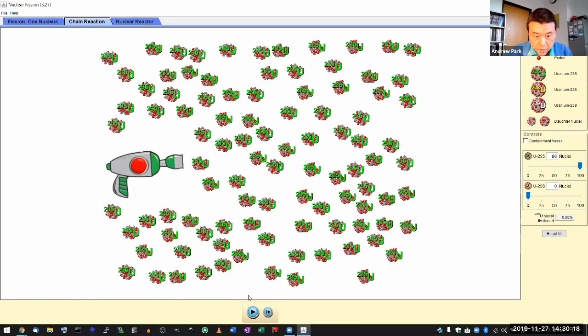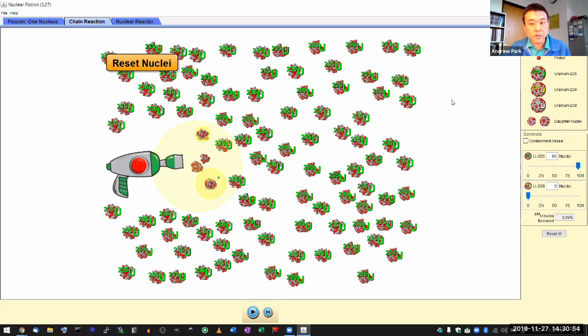Let me pause the simulation so that I'll have time to talk. So I fire it, and here's a neutron coming out, and it's going to strike its first uranium-235 isotope. Now, watch what happens. As this splits, it splits off multiple neutrons, two or three neutrons. And now these are arranged in such a way that the neutrons that come out have a pretty good chance of hitting another uranium-235 nucleus.